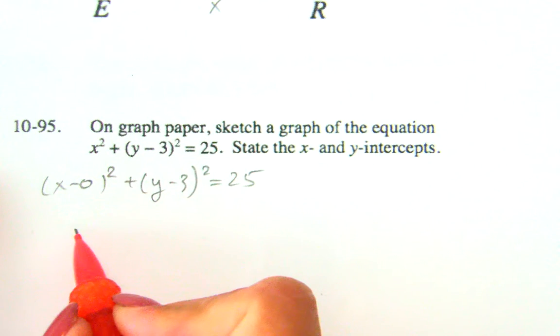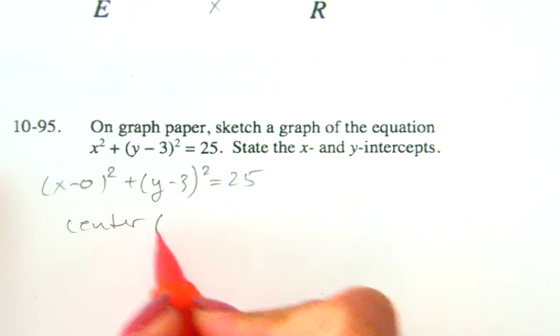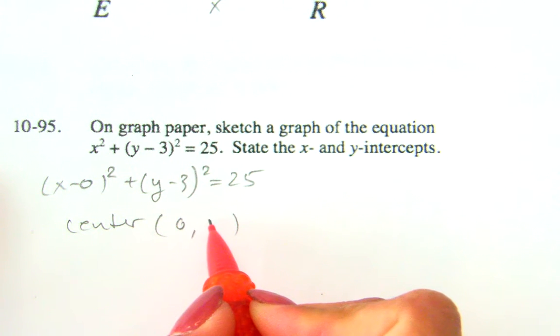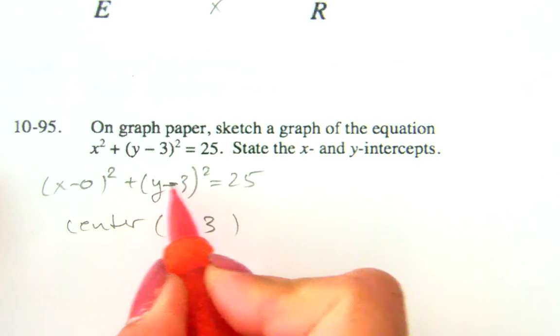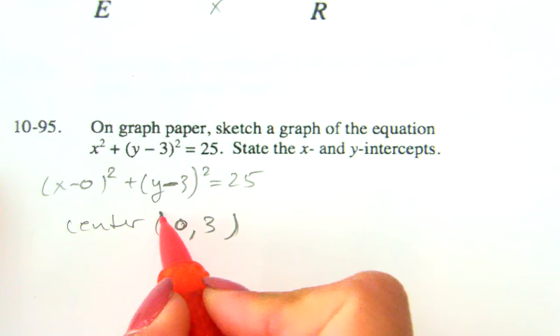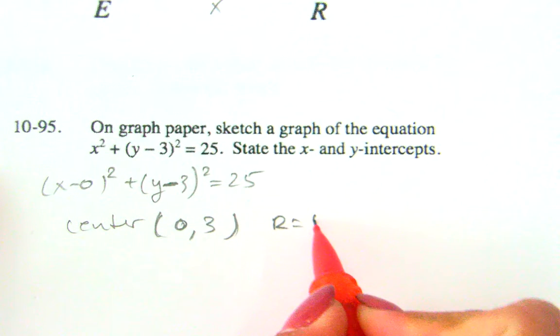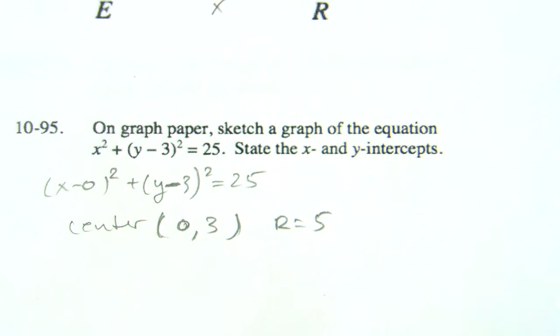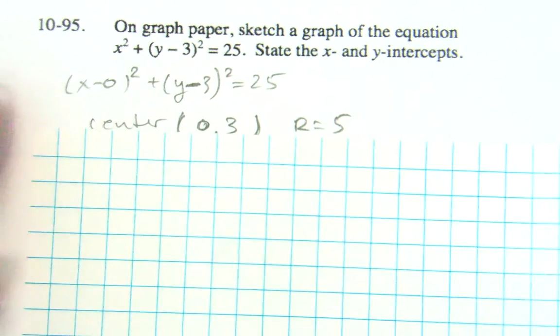So my center is at 0 and 3, because it's negative, so it's positive out here. And my radius is 5, because 5 squared is 25. I'm going to go out 5 in all 4 directions.